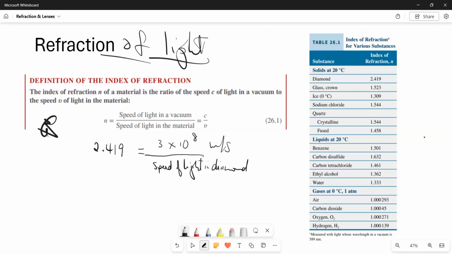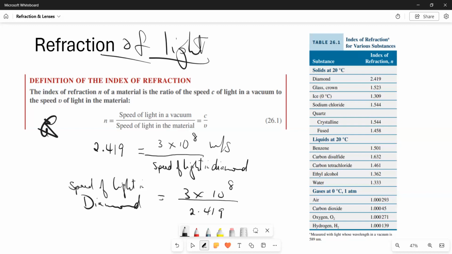So if you do some calculation, the speed of light in diamond will be 3 by 10 to the 8th over 2.419. Yes, sir. You have a number for me?